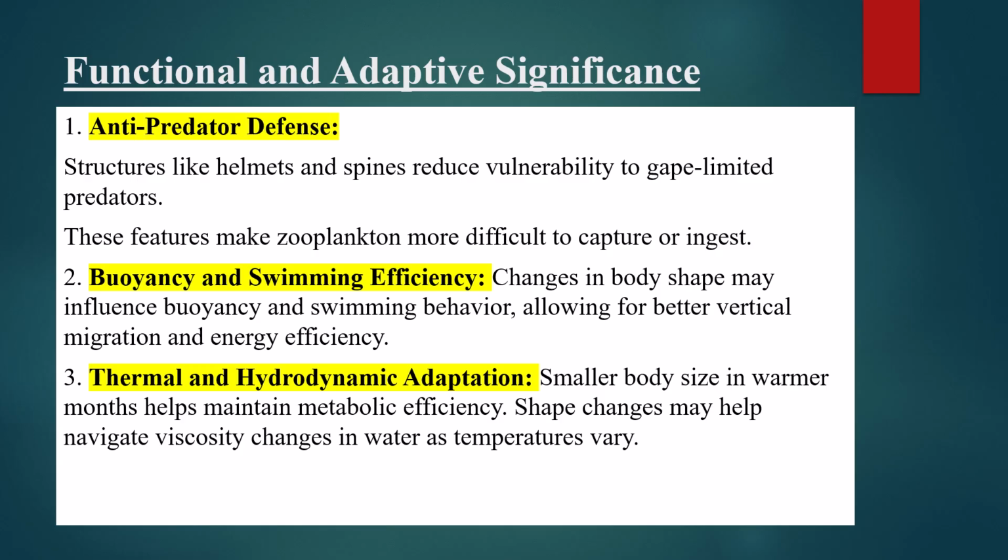So the organism needs to spend a lot of energy to keep at a particular level, a particular column. Once they have the larger body size, it makes them buoyant and they can stay within their water column without spending a lot of energy. So that is one adaptive significance and functional value of the cyclomorphic process.